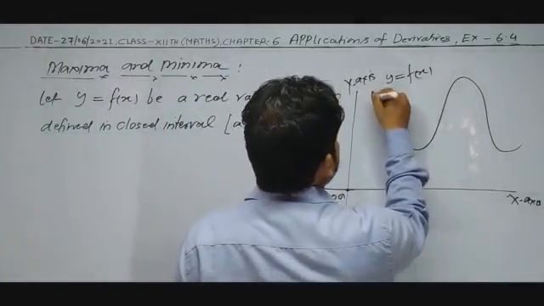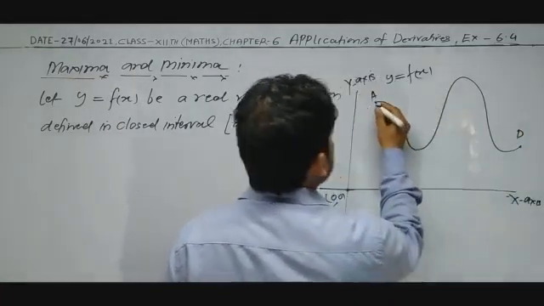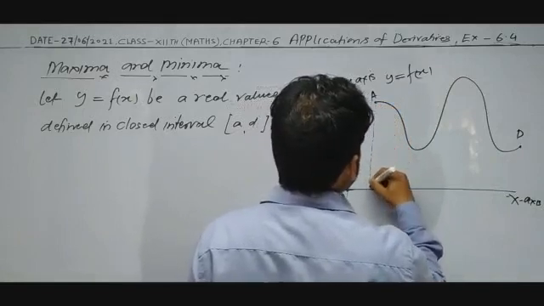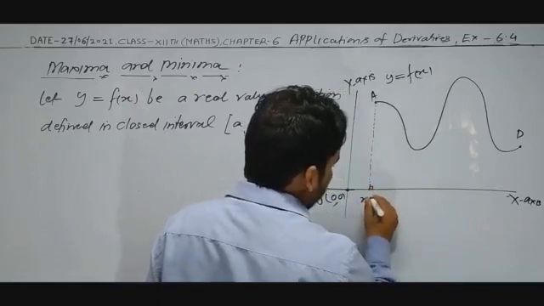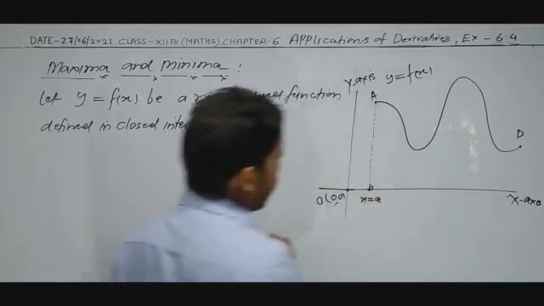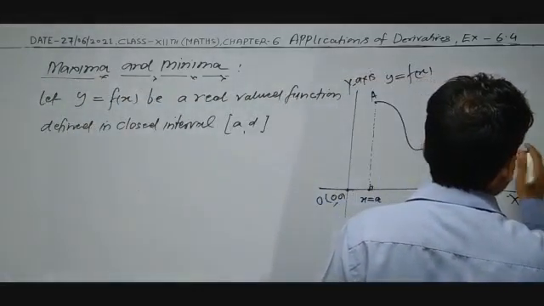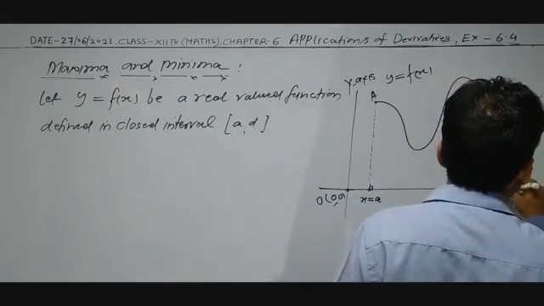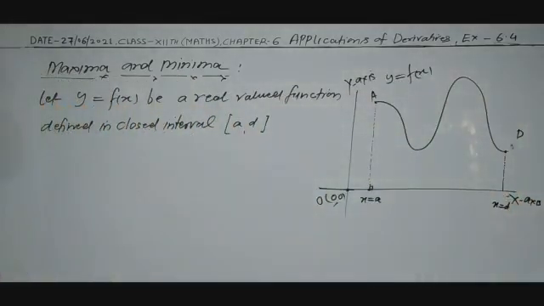Suppose this is the point A and this is the point D. This is the perpendicular from A to x-axis. On x-axis, at this point you will consider x is equal to a, and at D you will consider x is equal to b. So this is the interval in which the function is defined.